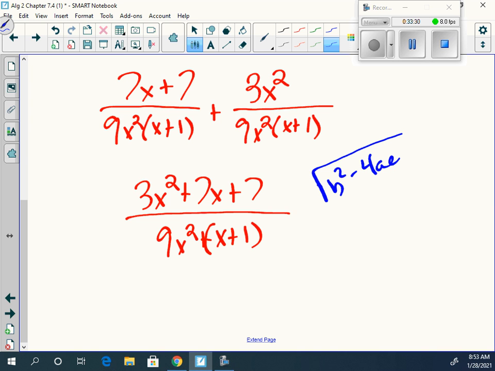So we use part of the quadratic formula, the square root of b squared minus 4ac, because we can plug it into a calculator. So that'd be the square root of 7 squared, which is 49, minus 4 times 3, which is 12, times 7, which is 4 carry the 1, 84.